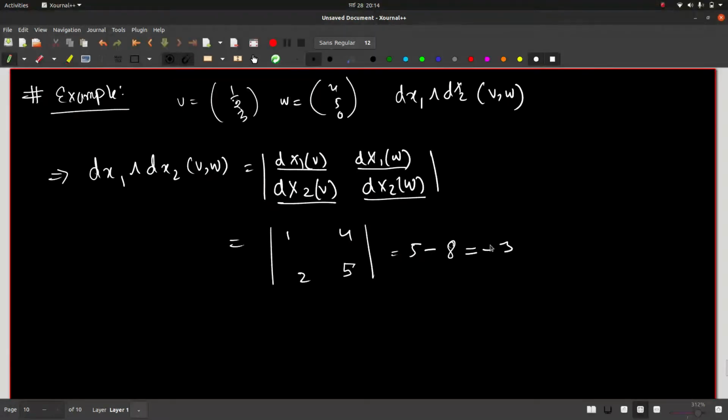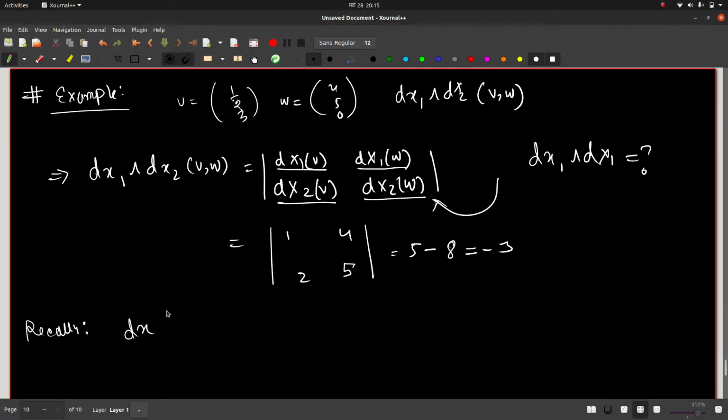And what if I tell you to calculate dx1 wedge dx1? Would you go with this method? Obviously you can, and you will see that the result is 0. But there is a very straightforward way of seeing that. Recall from the antisymmetry property that if I exchange these two, that means 2 goes to 1 and 1 goes to 2, we pick up a minus sign, right?